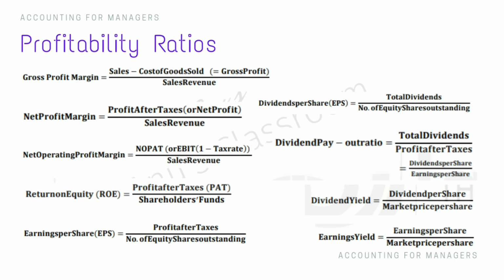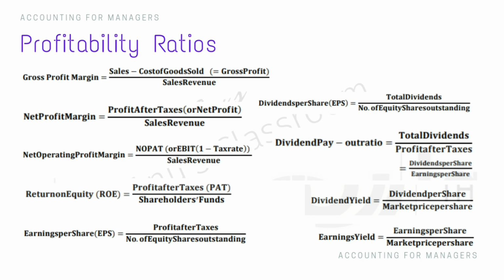Basically, these ratios compare profitability, that is the profit, with the revenue. Either we may compare the gross profit before tax or the profit after tax, in many different ways, and we might find out the dividend per share or the earnings per share of the firm.